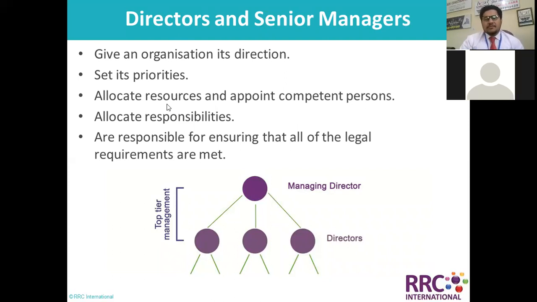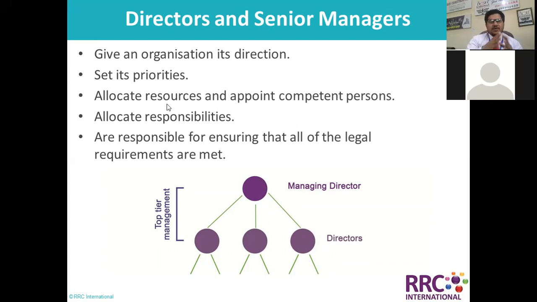Here, I would love to mention one important triangle. Sometimes it's a terrible mistake: we give a lot of responsibilities to one gentleman, but no authorities. Like we give responsibilities, but authorities are very limited.